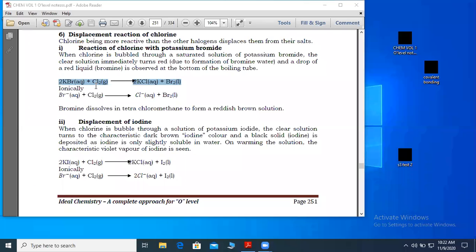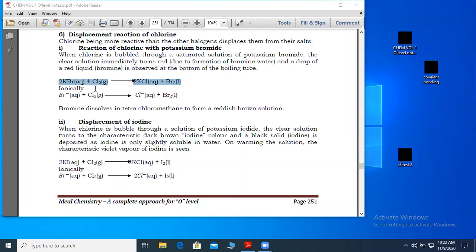Therefore, chlorine oxidizes bromide ions to bromine. When you use bromide ions, you say chlorine oxidizes bromide ions. But chlorine does not displace bromide ions. So when you use chlorine, you say chlorine displaces bromine from its solution of potassium bromide.